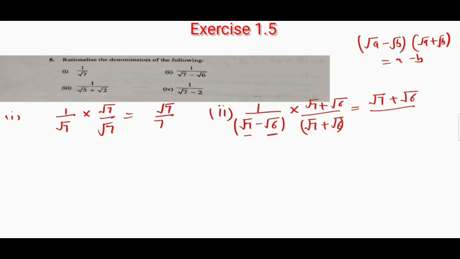Sorry, here a is 7 and b is 6. So I will get this. So my answer is square root of 7 plus square root of 6.